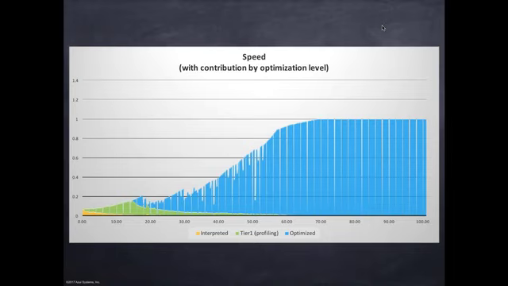If we flip our graph around, so we're actually looking at speed rather than response time, we'll see something like this. So again, we start off with interpreted mode where the speed is lower. So we start off at low speed, then we gradually move up as we compile our code, and then we optimize it, and we'll see that we reach a level which is 100% of our full speed.